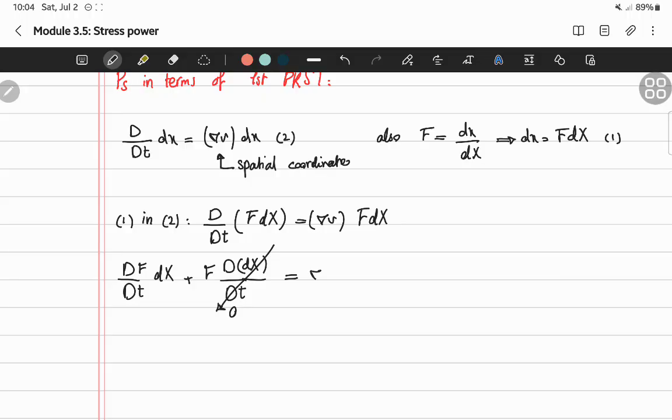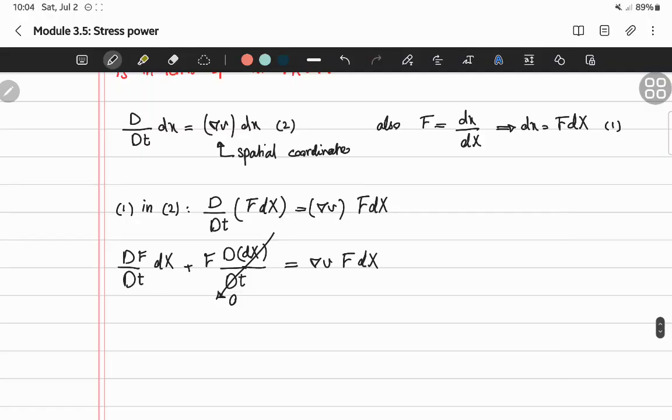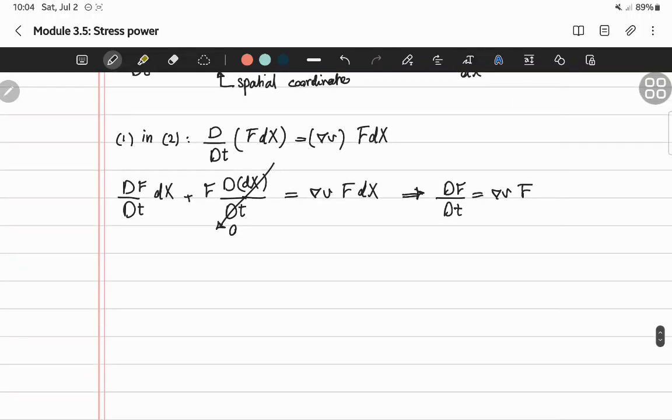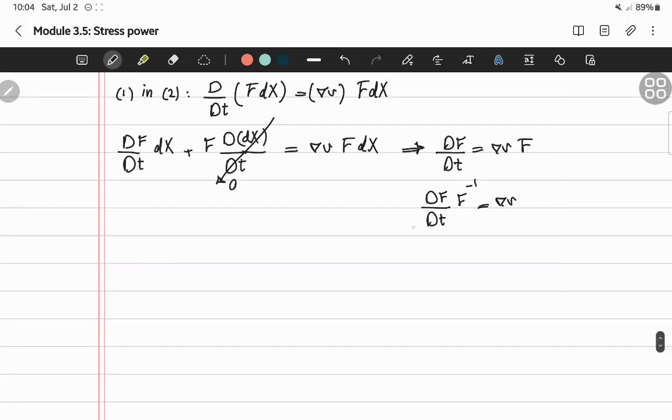So then we have also del v F dX in here. So if we compare these two, we can conclude that dF/dt is equal to del V F, or dF/dt F inverse, of course, is equal to del V F F inverse, which becomes I, so we get rid of this. Therefore, we have del V as this, and we can write Ps.